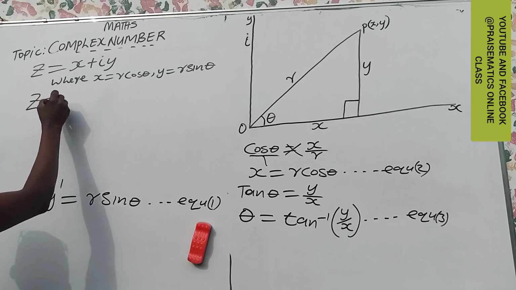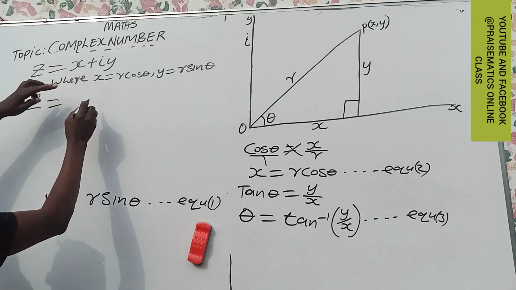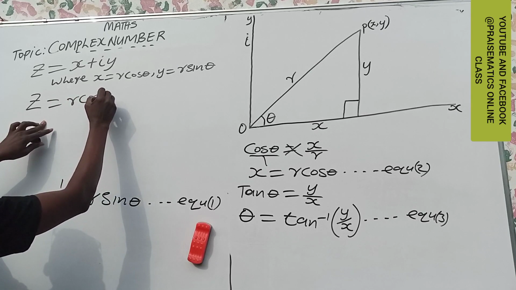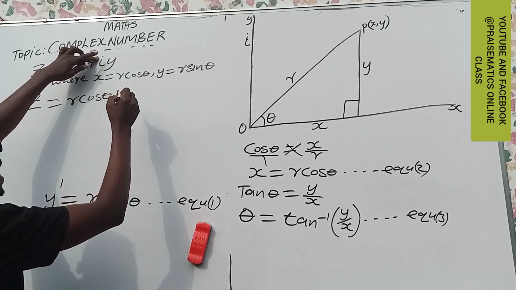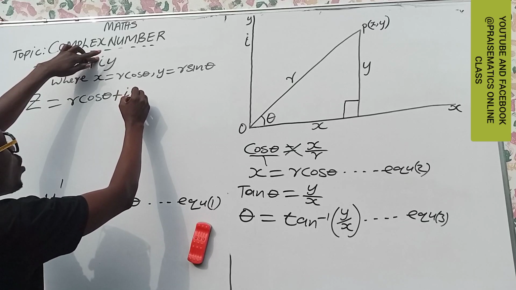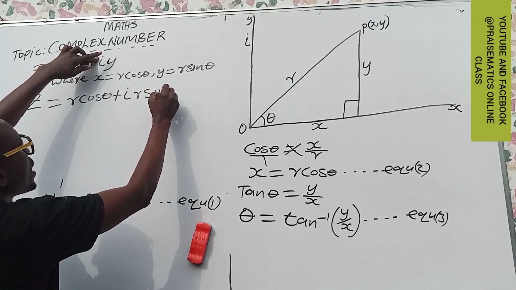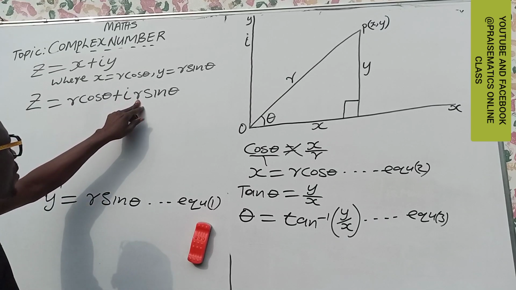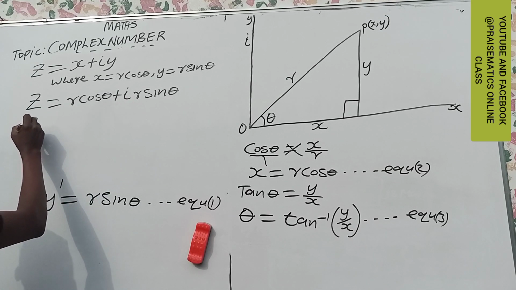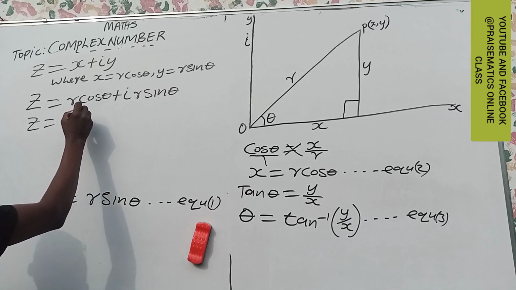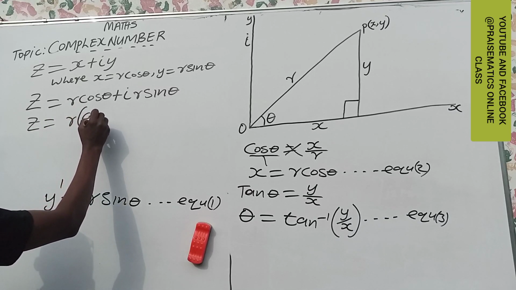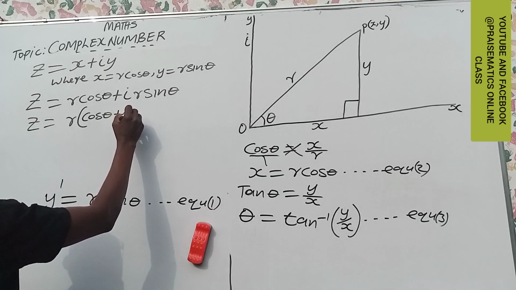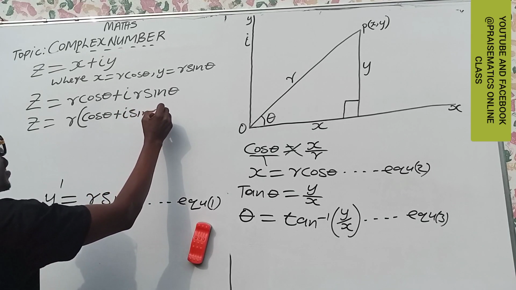Z is equal to, wherever you see X, call it R cos theta, plus i into R sine theta. Looking at this, we have R here, we have R here, so factor R out. We have that Z is equal to R into cos theta plus i sine theta.